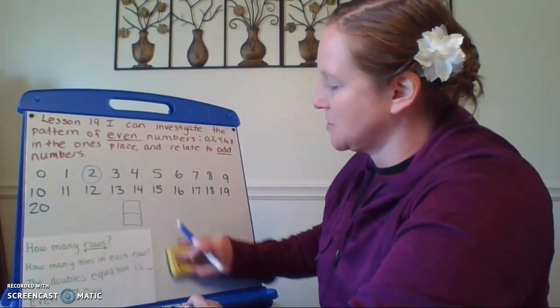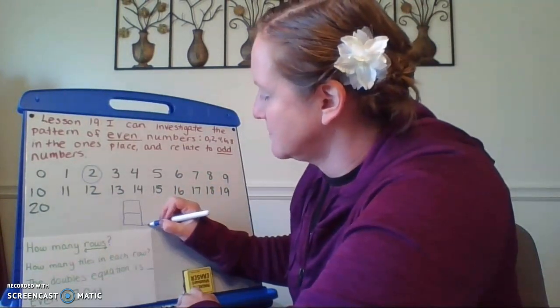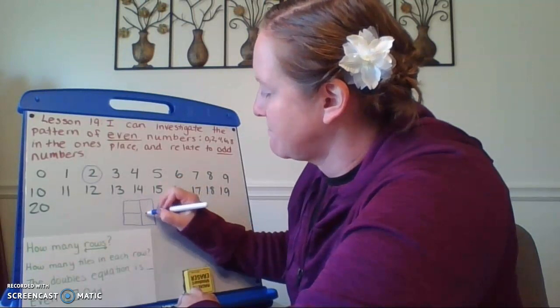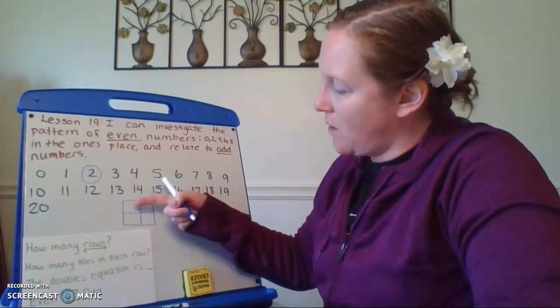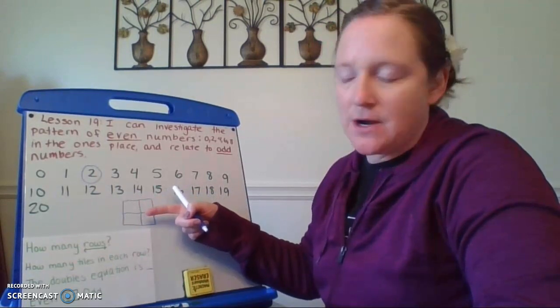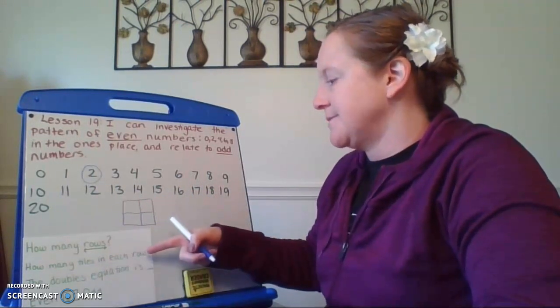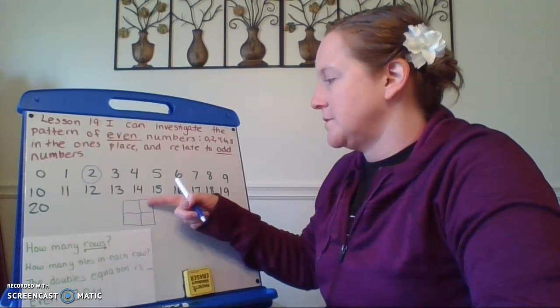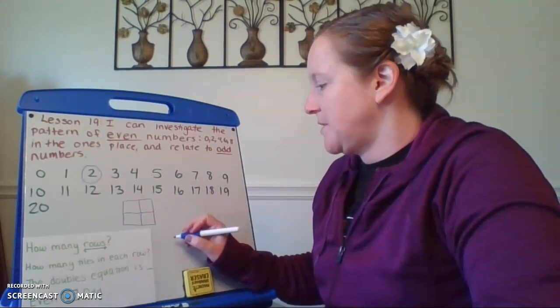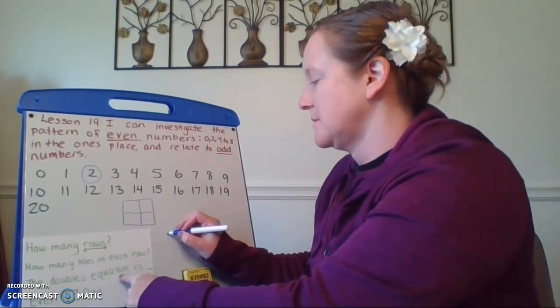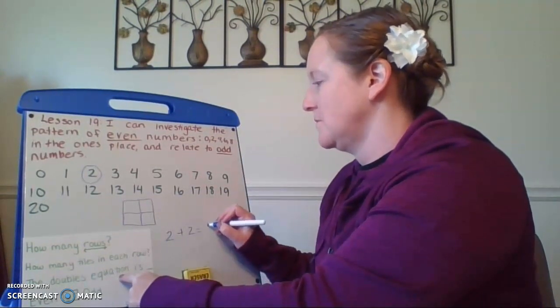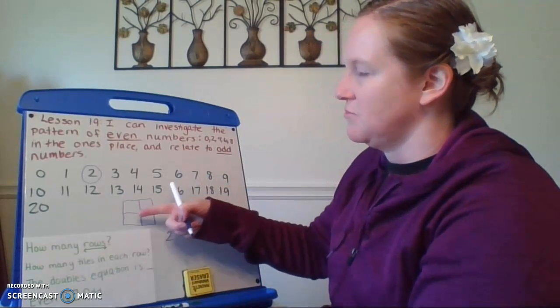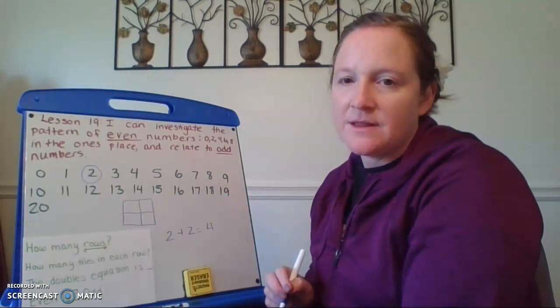Let's add to my picture. How many rows? 1, 2. I still have 2 rows. How many tiles in each row? 1, 2, 1, 2. So the double equation is 2 plus 2 equals 4, right? 2 plus 2.